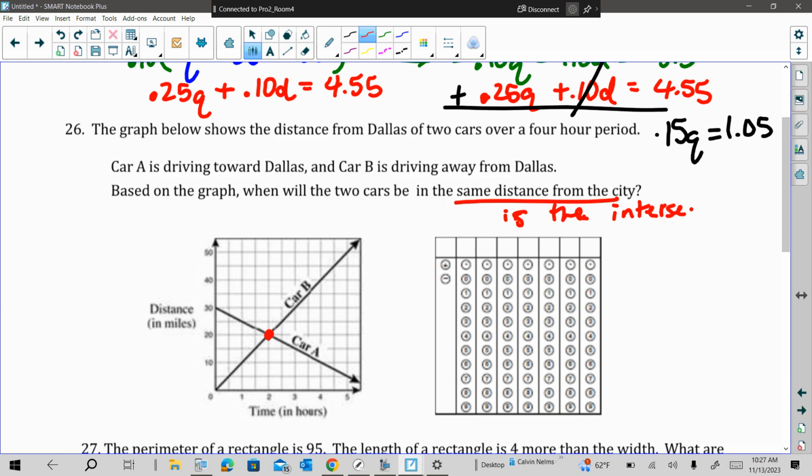It is the intersection point. So that happens at 2 hours and a distance of 20 miles. So I'm just doing this ordered pair. That was 2, 20.